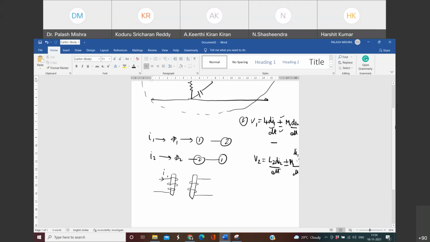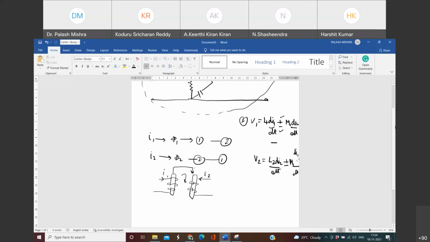And if in this the current is flowing in this direction, tell me whether the flux produced by I2 will oppose the flux by I1 or it will support it, if the current is flowing in this direction. Support, sir. The flux by I1 will be in this direction, by I2 also it will be in this direction.